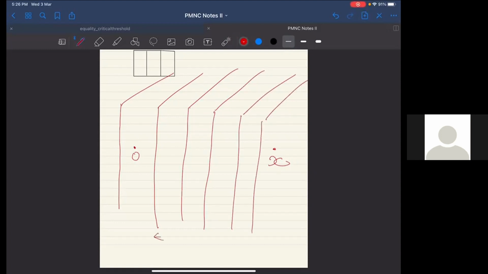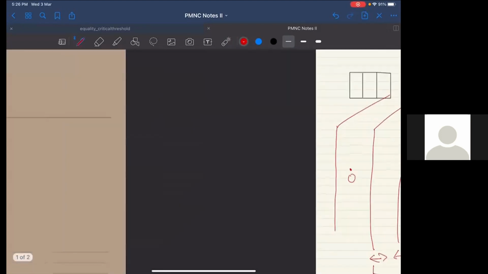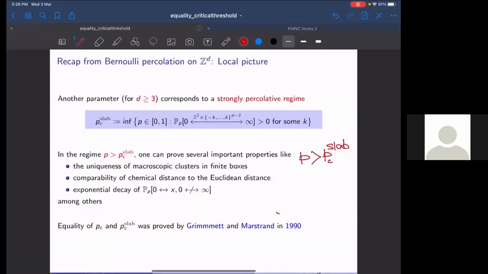where the length of each of these slabs is L, where L is chosen so that the probability... Recall that we are in this regime that when p is bigger than p_c slab, there will be a thickness for which I'll percolate through the slab of that thickness.